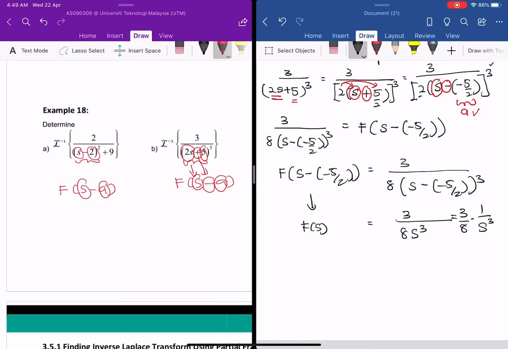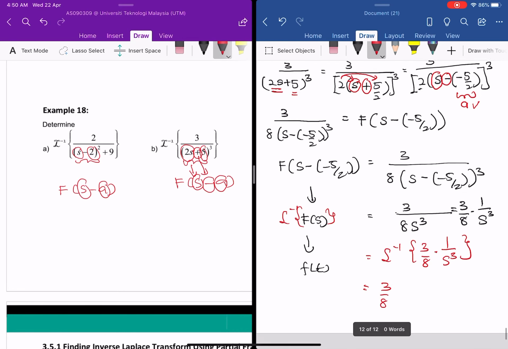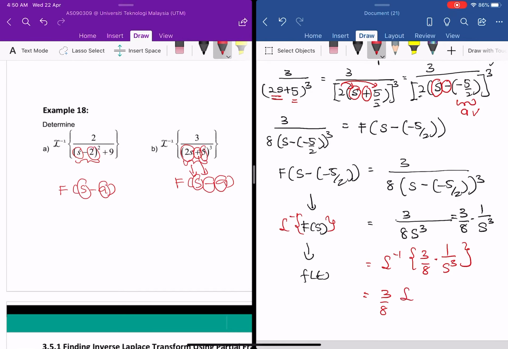Now we want to get f(t). It means that we need to take the Laplace inverse of this one, so equal to Laplace inverse of 3 over 8 multiplied with 1 over s cubed. As usual, 3 over 8 can move out. Laplace inverse of 1 over s cubed.